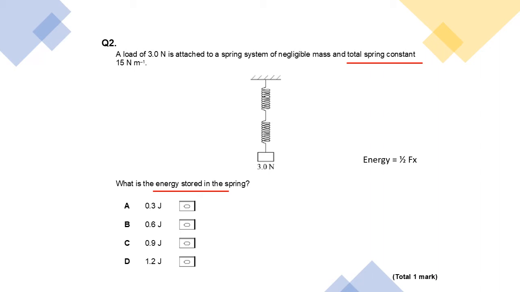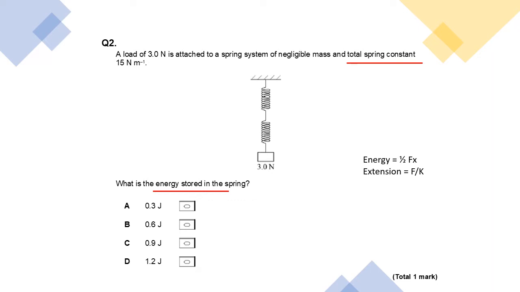But now when we look into the question, we don't have extension with us, but we know the spring constant and the force. So Hooke's law has given us an equation connecting force, spring constant and extension. So if we use that, we know that extension is force over the spring constant.